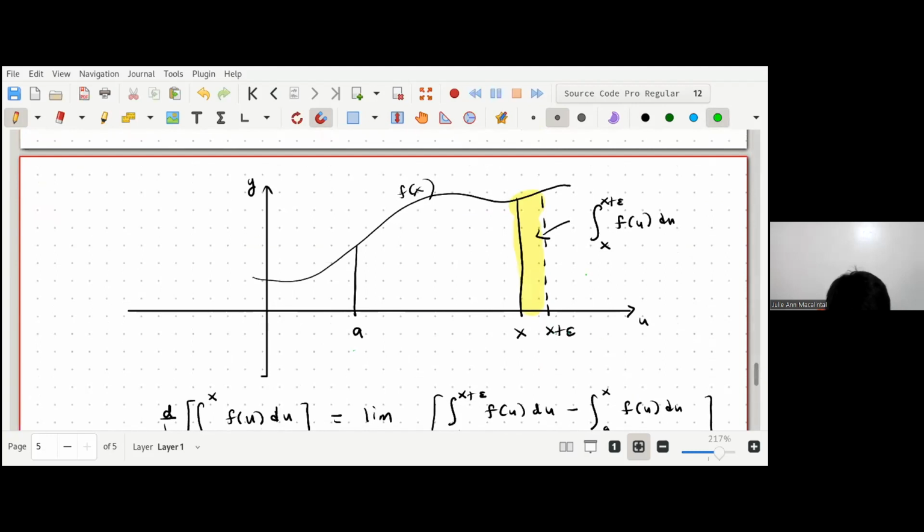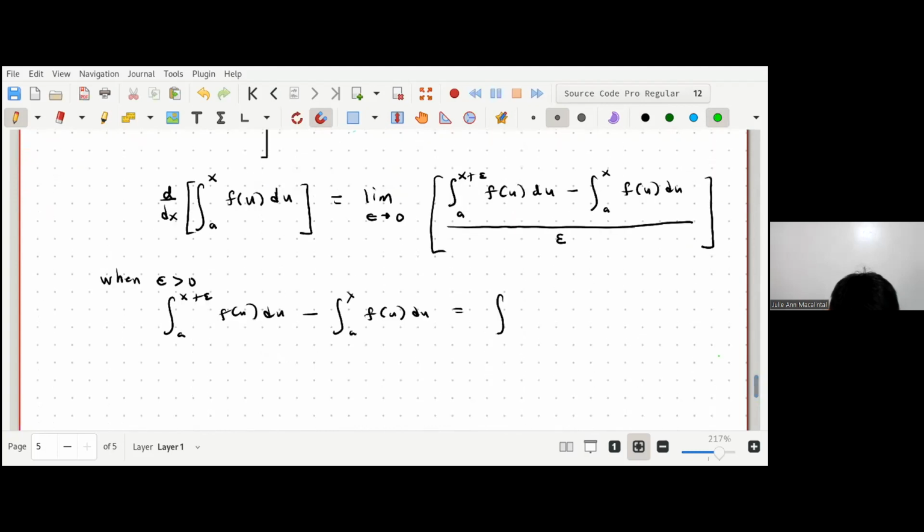Pag yung limit ay x, yung area lang from a to x. So yung difference of two areas is going to be yung yellow region. So from here, this is going to be integral from x to x plus epsilon of f of u du.